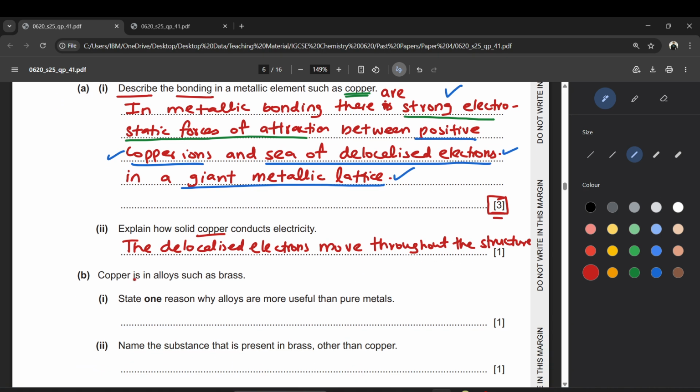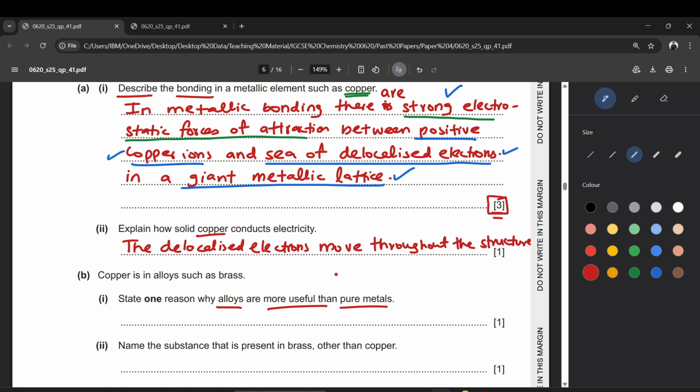Okay, part B. Copper is in alloys such as brass. State one reason why alloys are more useful than pure metals. Now you have to look for a weakness: what is a weakness that I could have in a pure metal, where an alloy is a much better option?